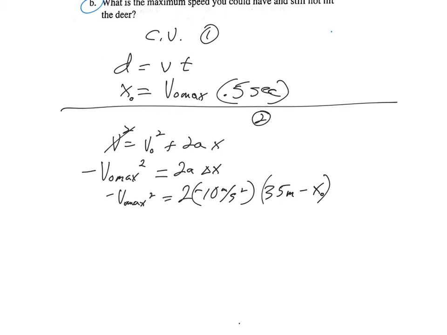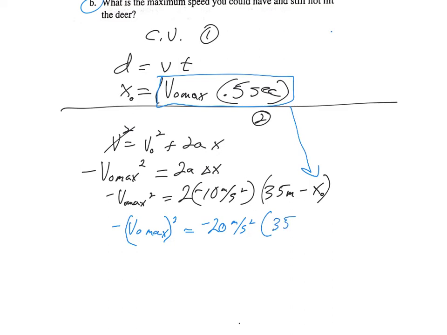X0 there. So I am going to substitute, let's go to a different color here. I'm going to substitute this every place I see an x0, which is down there. This is just crazy. VO max squared equals negative 20 meters per second squared, and this is going to be 35 meters minus VO max.